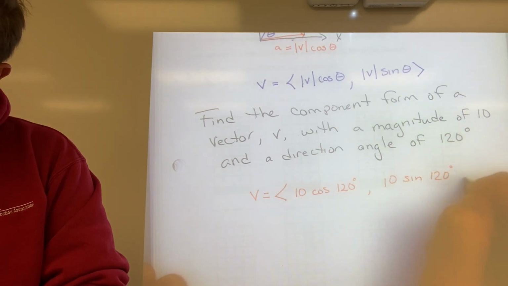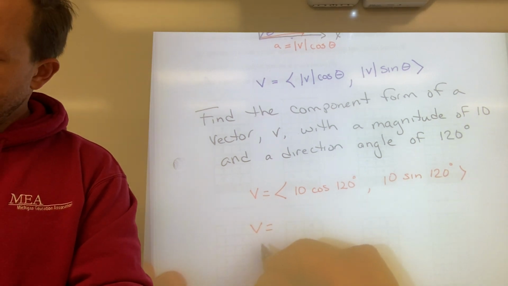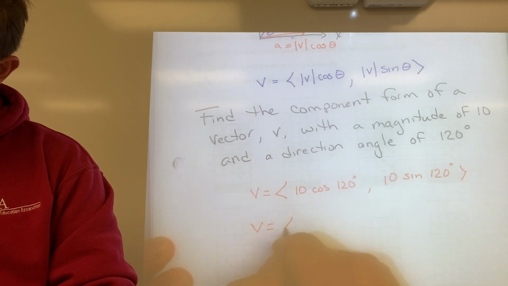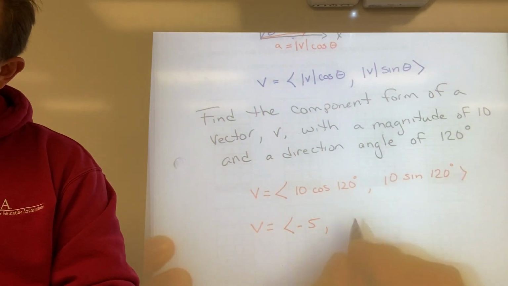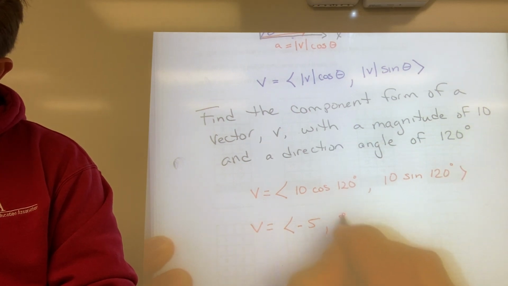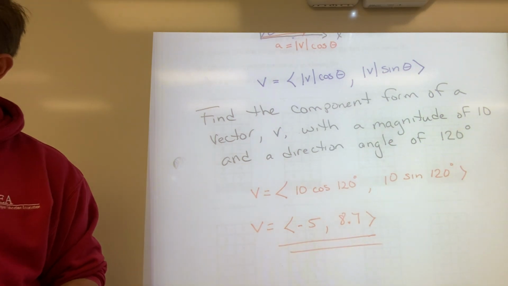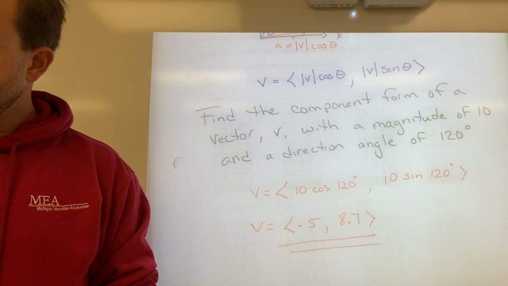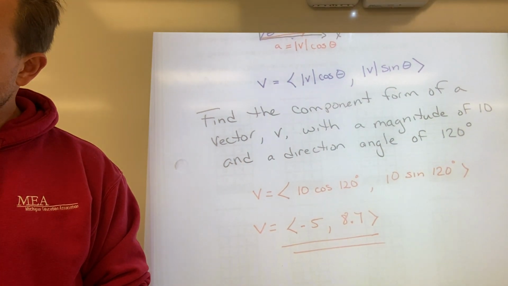Make sure you are in degrees on your calculator when you type these in. 10 times the cosine of 120 gives us a -5, and 10 sine 120 gives us a decimal. We'll round it to 8.7. Okay, so very straightforward and tying back into the trig we learned last semester.